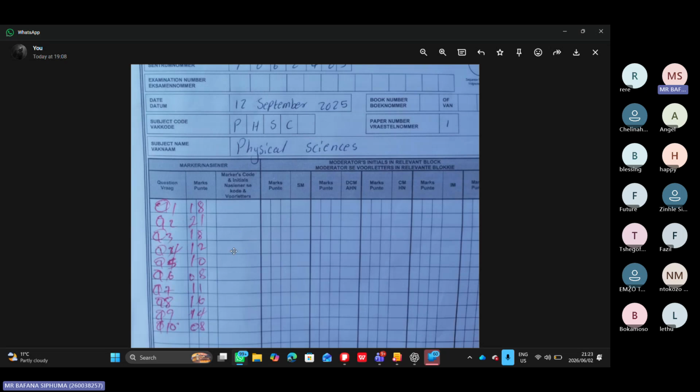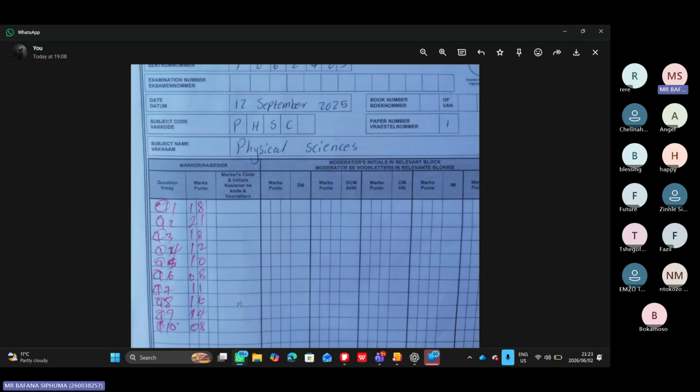Question 4, I think it's work, 12 out of 12. Question 5, 10 out of 10. Question 6, 8 out of 8. This is Doppler. Question 7, I still got 11 out of 11.